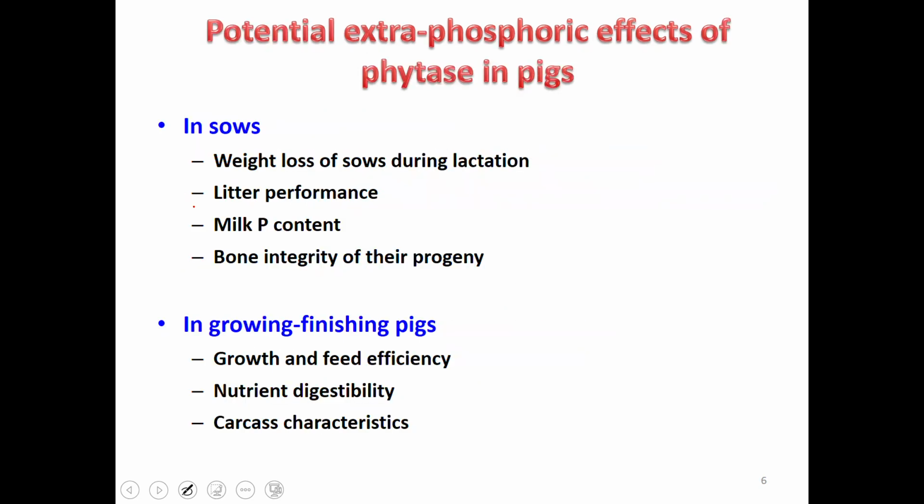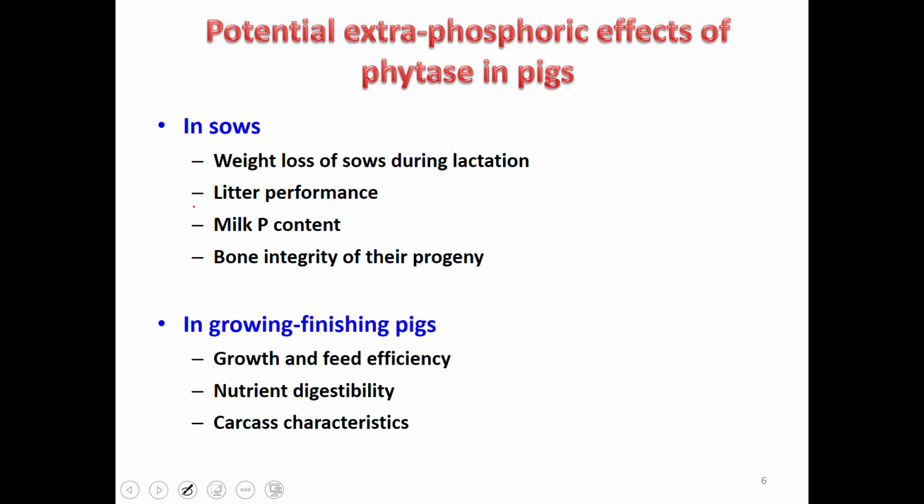So then we can expect extra-phosphoric effects from enhancing micro mineral availability and other nutrient utilization. This extra-phosphoric effect of phytase can potentially be found in sows and growing and finishing pigs. Firstly, in sows, when you use phytase at probably superdose level, you could expect this extra-phosphoric effect in weight loss of sows in lactation and their litter performance, and probably milk phosphorus content and bone integrity of their progeny.